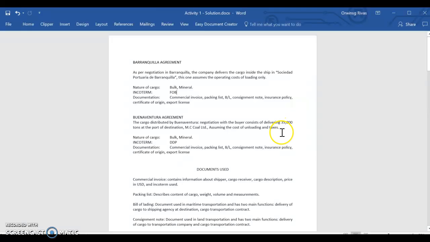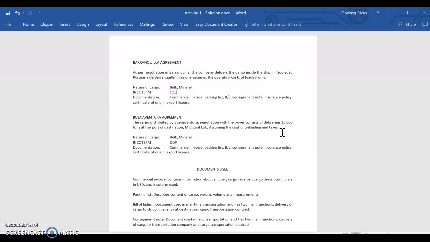export license. For Buenaventura, the cargo is distributed by Buenaventura. Negotiation with the buyer consists of delivering 35,000 tons at the port of destination, assuming the cost of unloading and taxes. As we can see, unloading refers to the discharging port. So, in this case, the nature of cargo is the same, bulk, mineral.